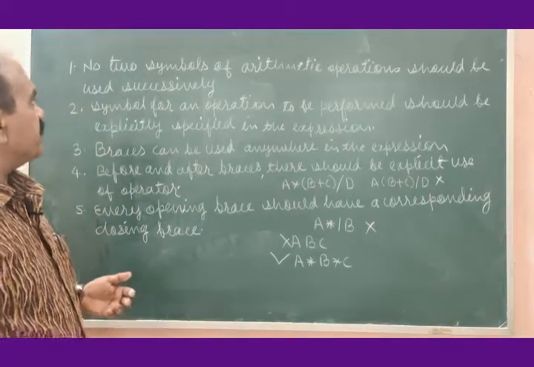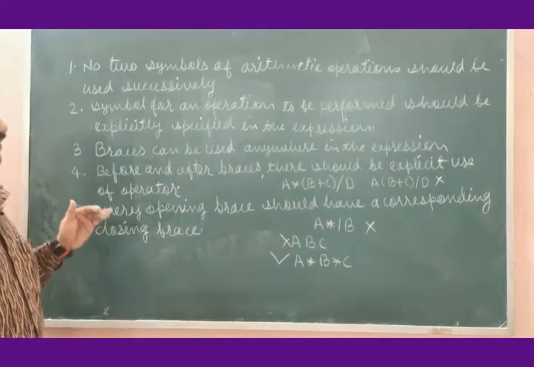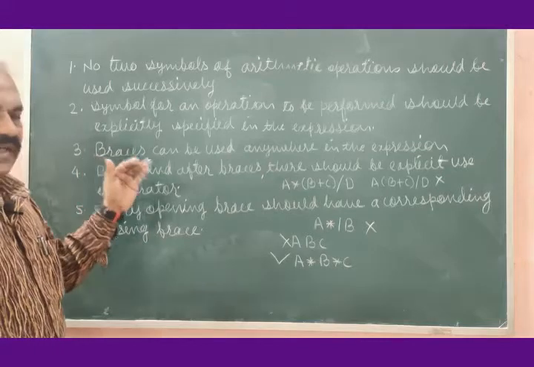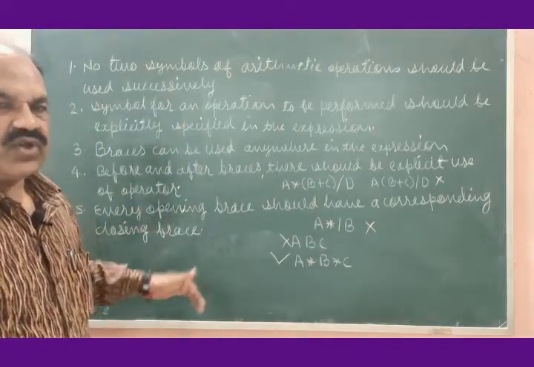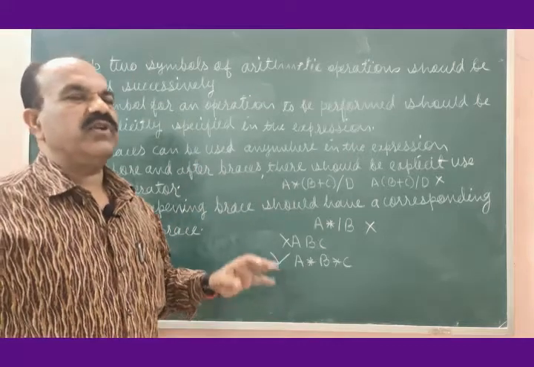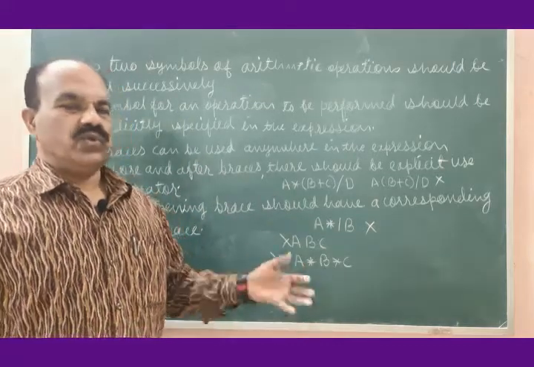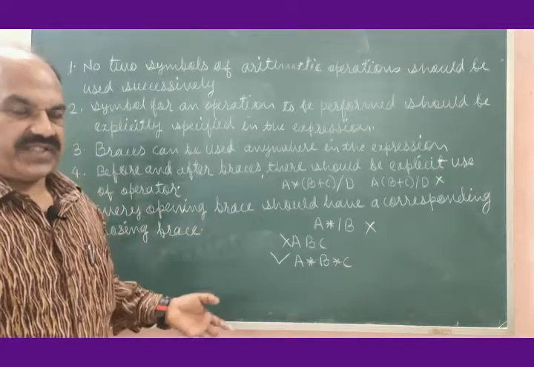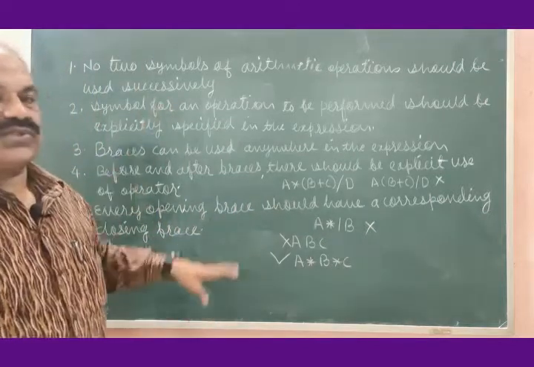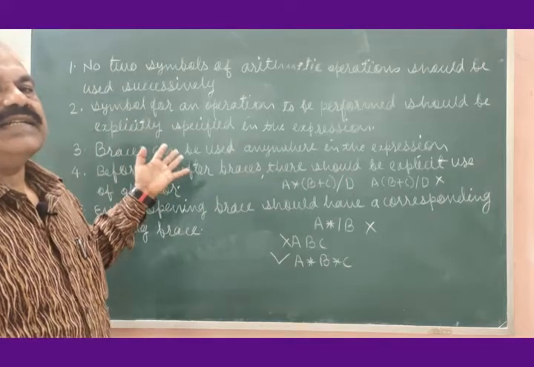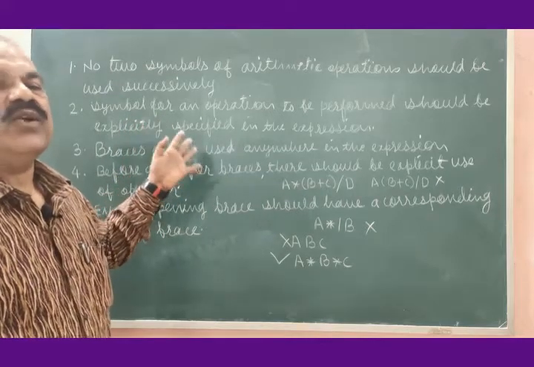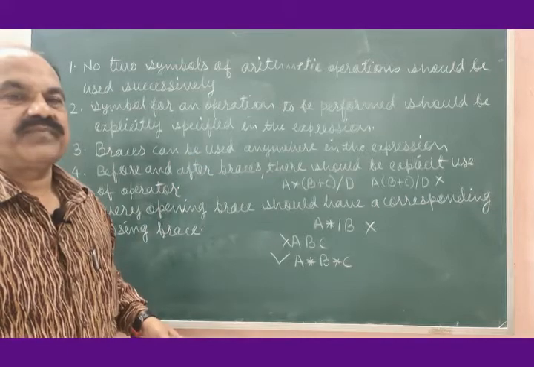Okay, so this is about the arithmetic expressions: what arithmetic operations we can perform in Fortran, what symbols and operators are to be used to perform these operations, and what are the rules for writing the arithmetic operations in Fortran.